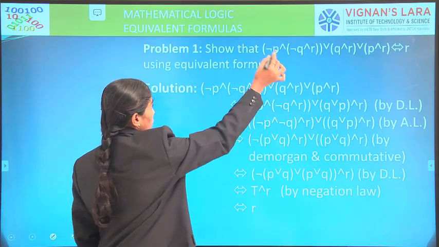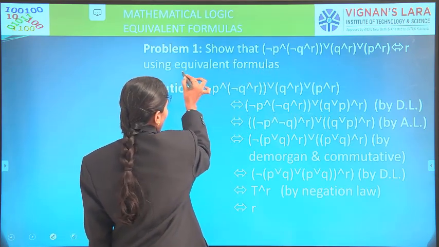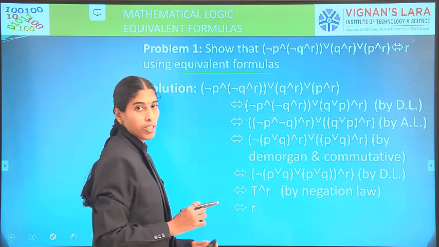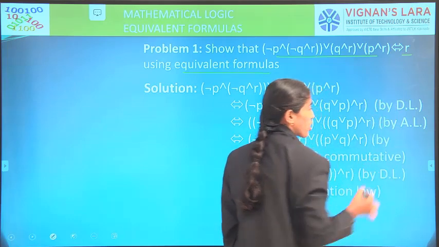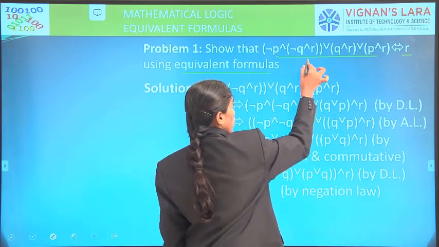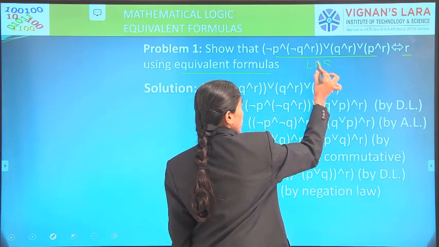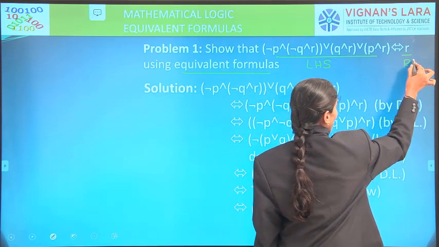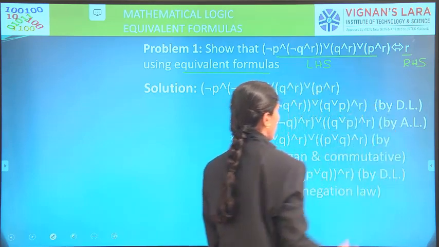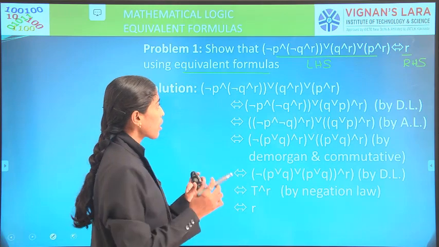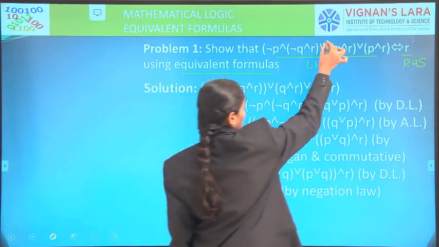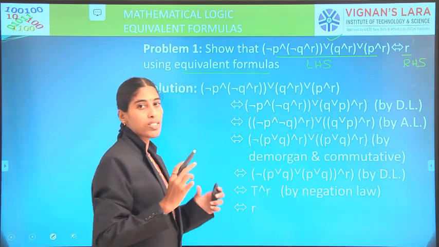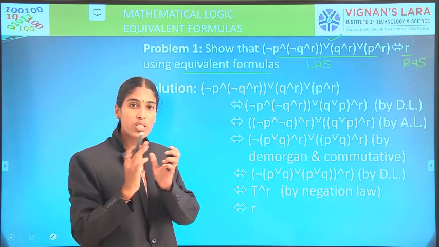Next problem. Prove that these are equivalent formulas. So this is the expression. The other expression is on the right. We need to prove that this LHS expression is equivalent to the RHS expression, right? So here the complex expression, otherwise the bigger expression, is this one. So it is always better to consider the bigger expression and reduce it to the smaller one.